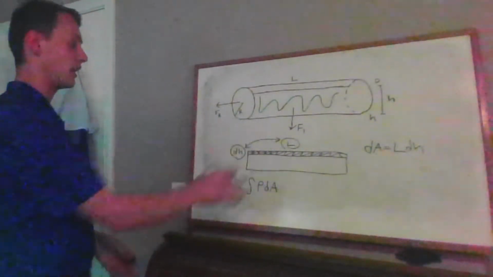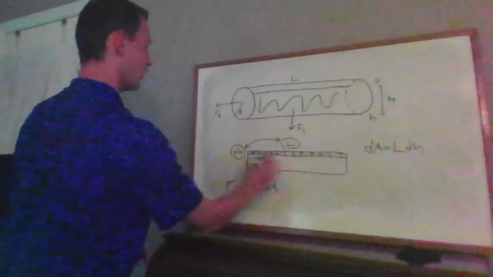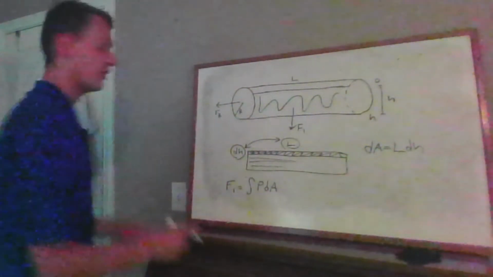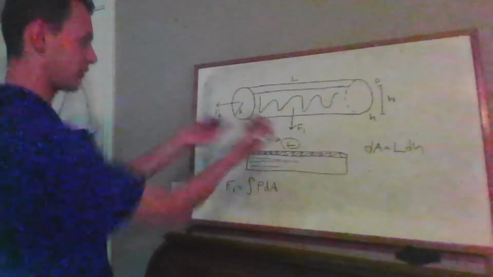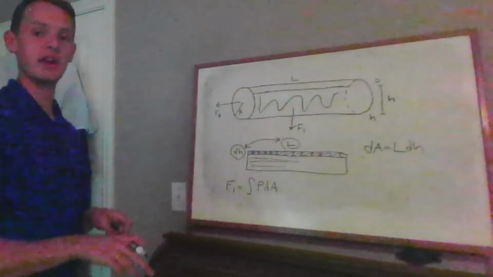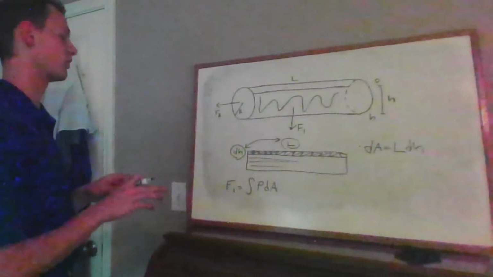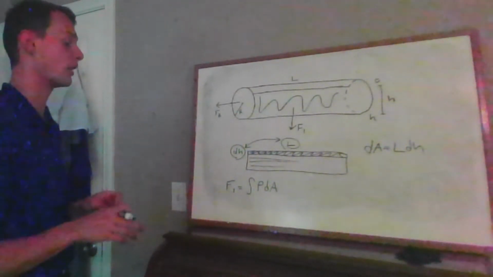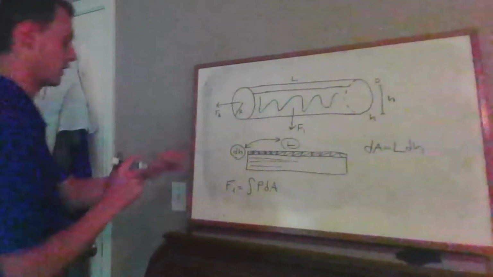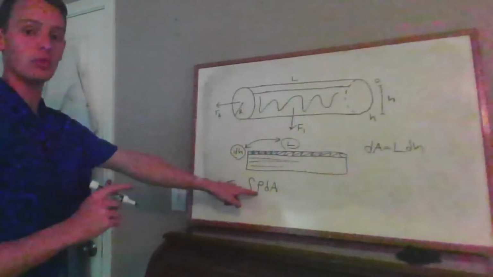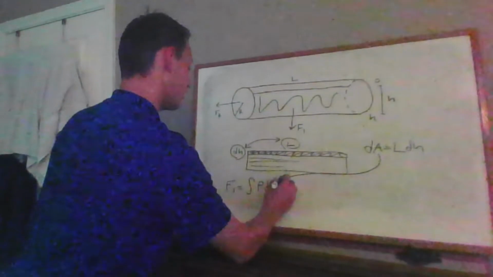And we're integrating so that we add up all these strips, so we get the total horizontal force that's exerted out of our whiteboard here at us, that horizontal force exerted by the fluid on the curved part of our cylindrical barrel. We know what pressure is, that's rho g h. And then we know what the differential area is, that goes in here.